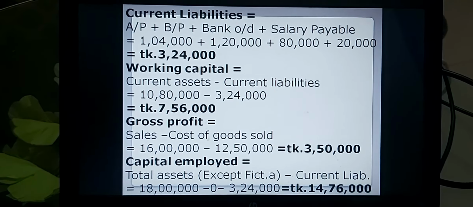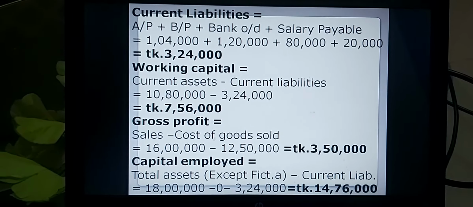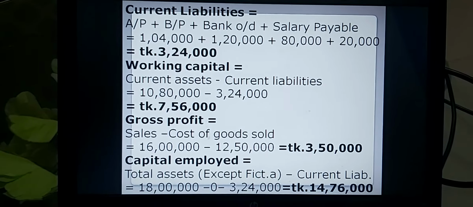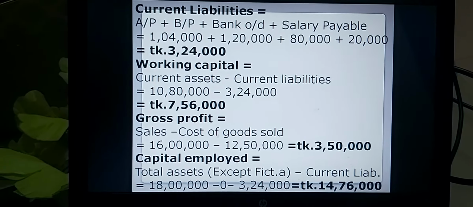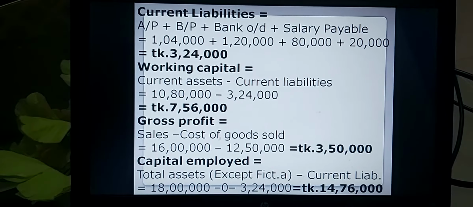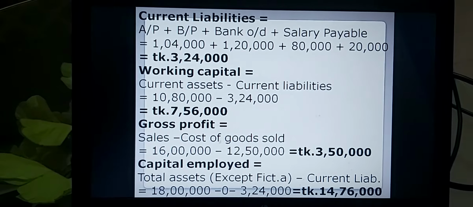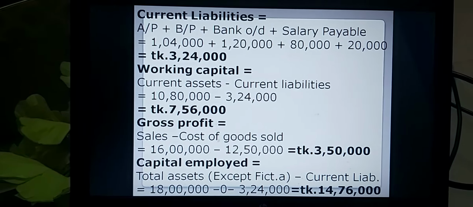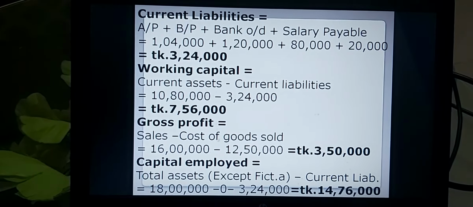We have already solved the current assets and current liabilities. From requirement A, we get current assets of taka 10,80,000, and the first item of requirement B, current liabilities, is taka 3,24,000.